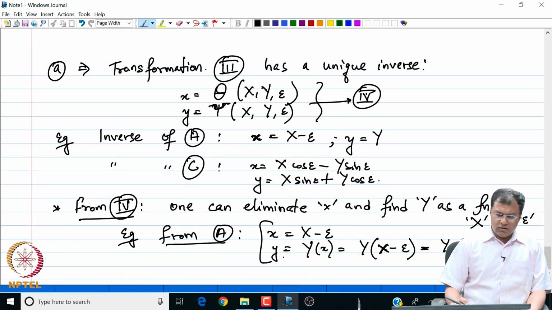Now, again for C, we can repeat this exercise to see how we can eliminate one variable.